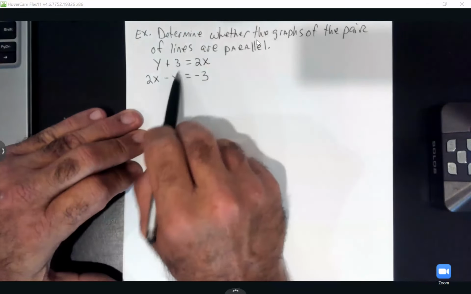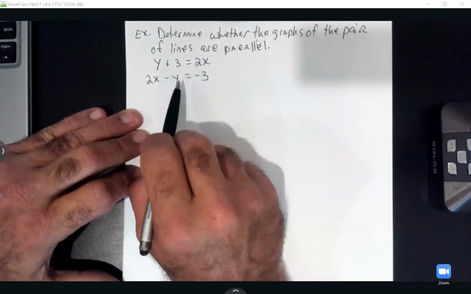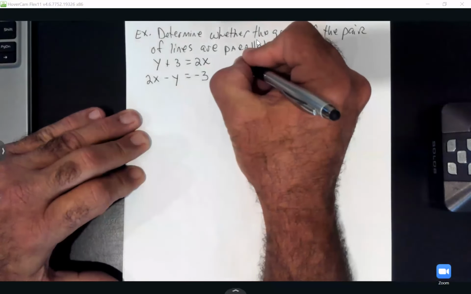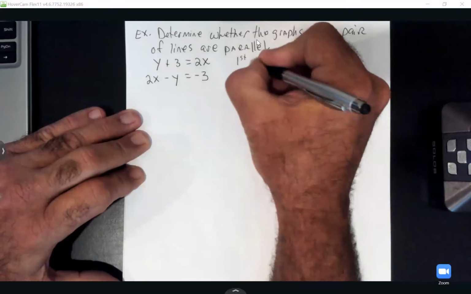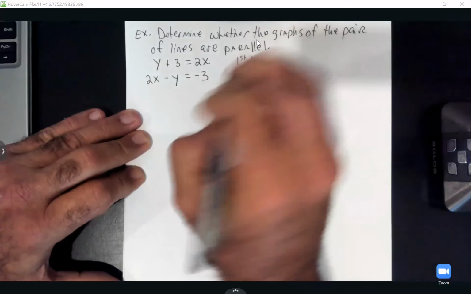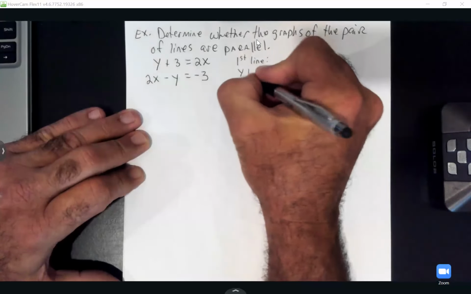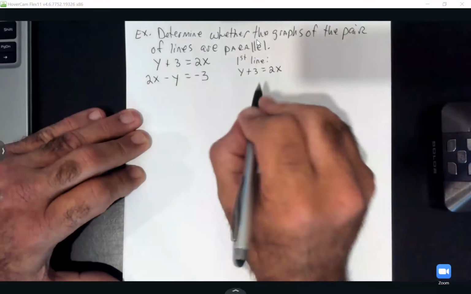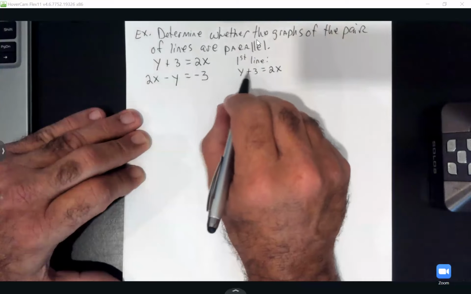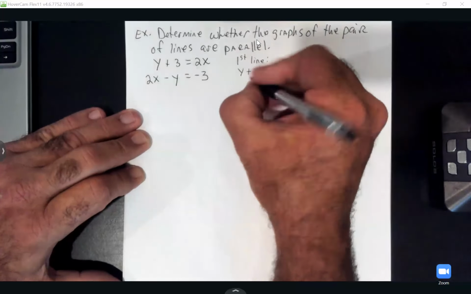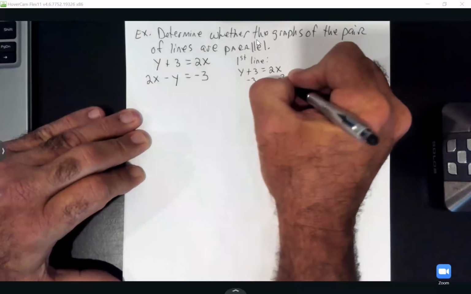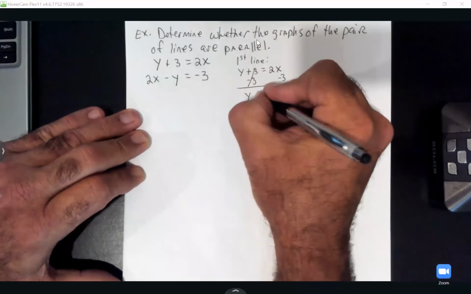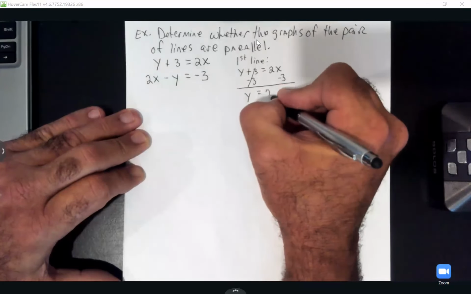So I got to figure out the slope of each of these lines. And to find that slope, I got to solve them for y. So we're going to solve the first equation first. The first line was y plus 3 equals 2x. We need to get this y by itself, so we're going to subtract 3 from both sides. So doing that, I get y, the 3's cancel on the left side, and then I'm going to put my x first.